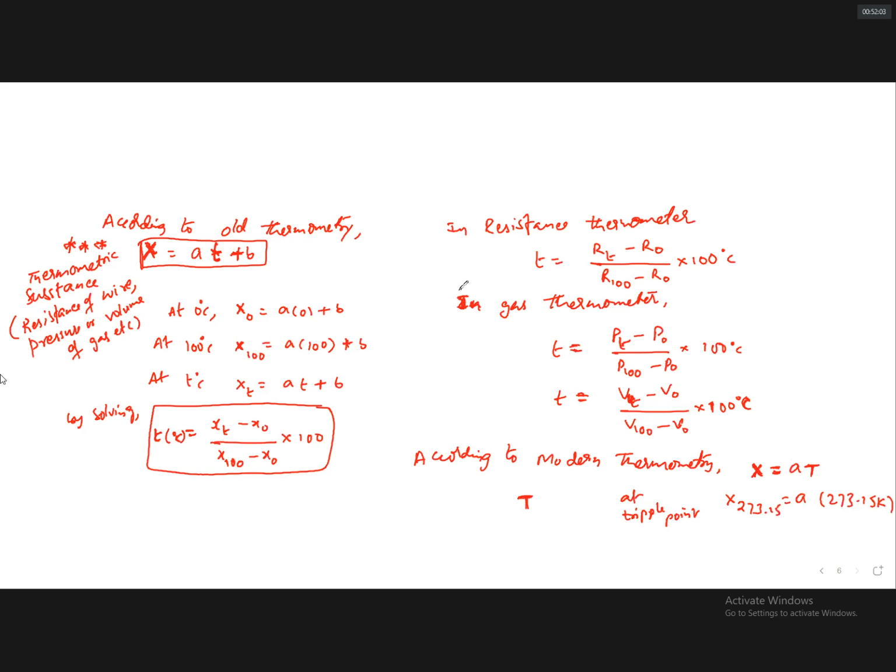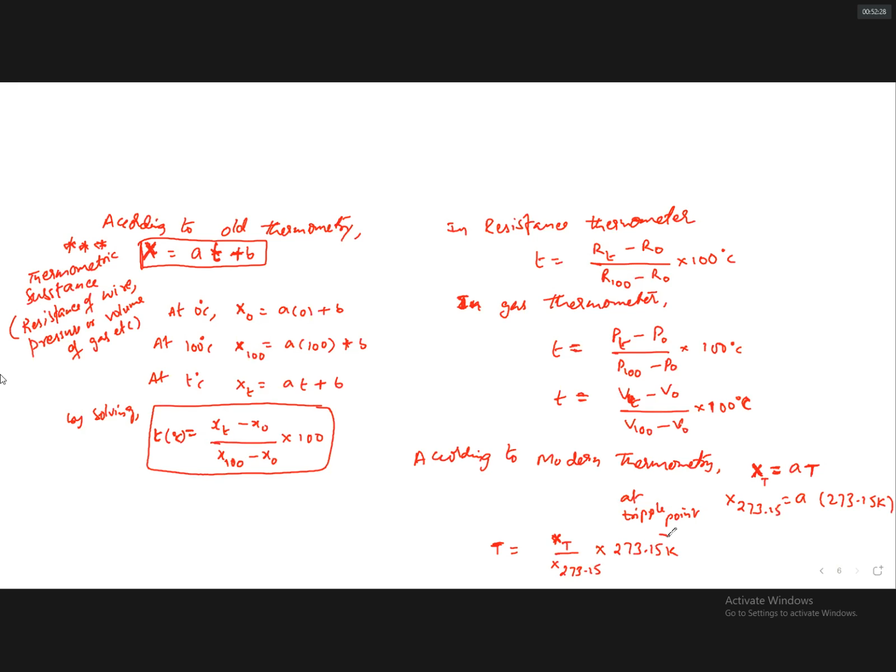Therefore, the temperature to be measured in the Kelvin scale, whereas earlier it was in degrees Celsius, is XT at temperature T by X273.15 into 273.15.